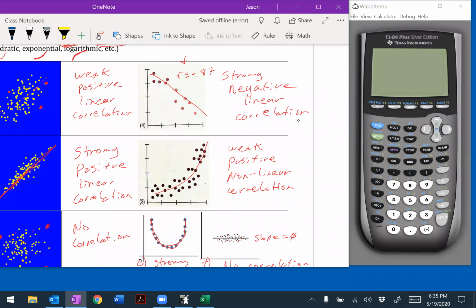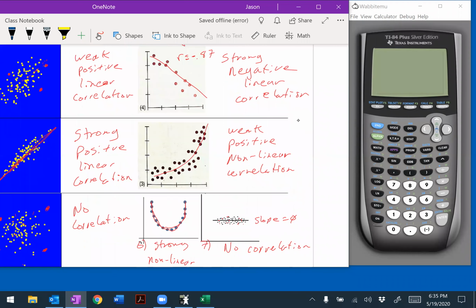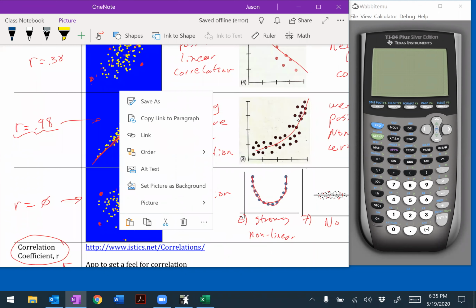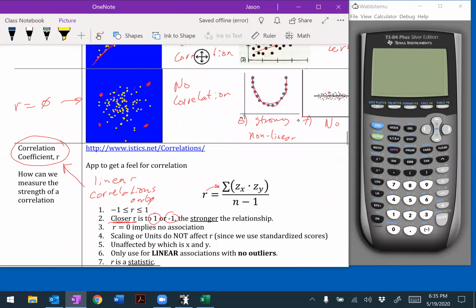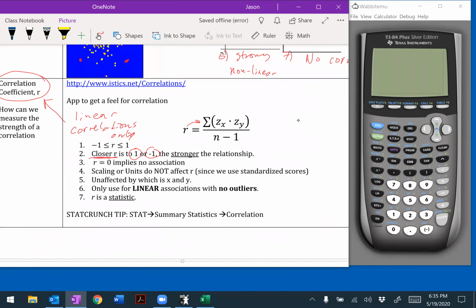Boom, that's a strong negative correlation. These we cannot do correlations on. Again, this would be R equals 0 down here for the one with no correlation. We can't do them on nonlinear ones. Correlation coefficients don't exist for nonlinear associations. R equals 0 implies no association.